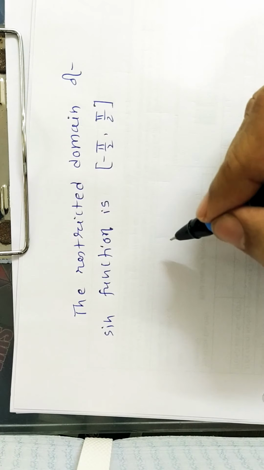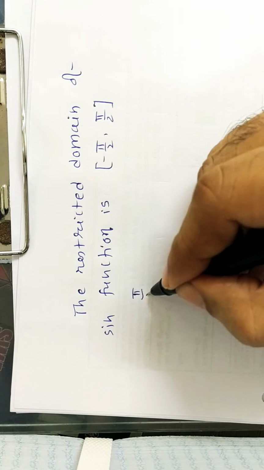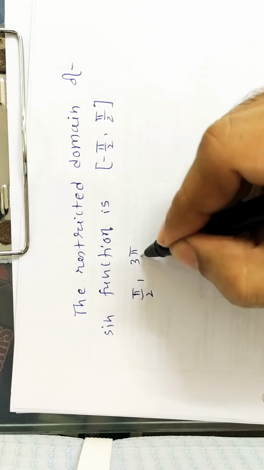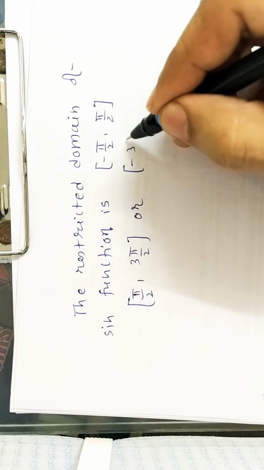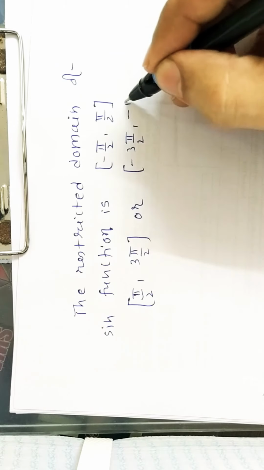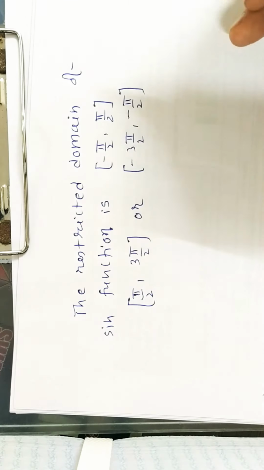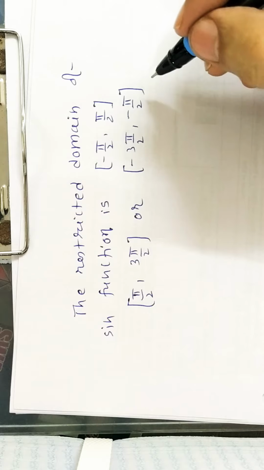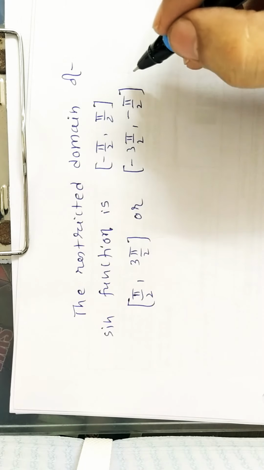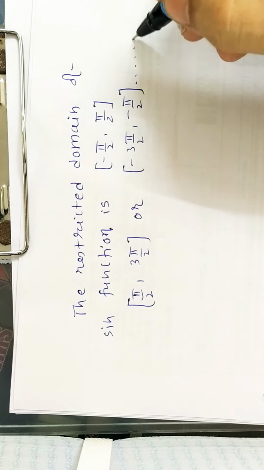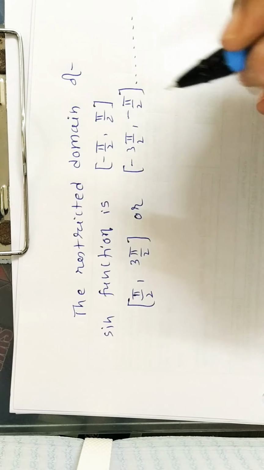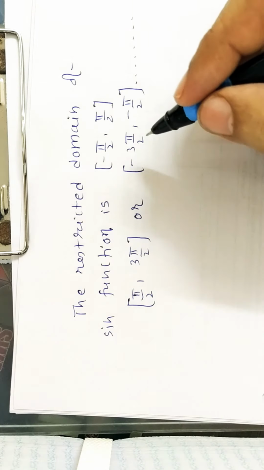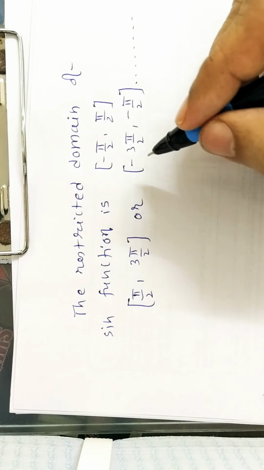But you can take pi by 2 to 3 pi by 2 also, or minus 3 pi by 2 to minus pi by 2, it is also granted. You can take so many intervals like that. In these intervals, sine function becomes one-one.